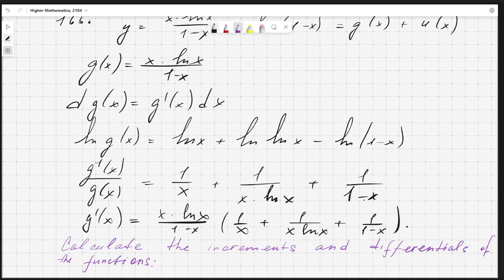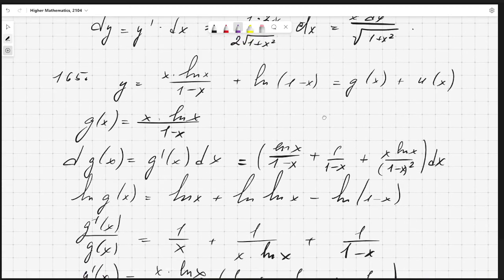Okay? And dg of x equals the natural logarithm of x over 1 minus x plus 1 over 1 minus x plus x natural logarithm of x over 1 minus x squared, times dx. It is g. What about u?